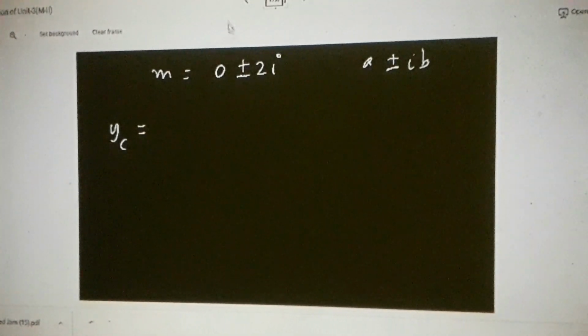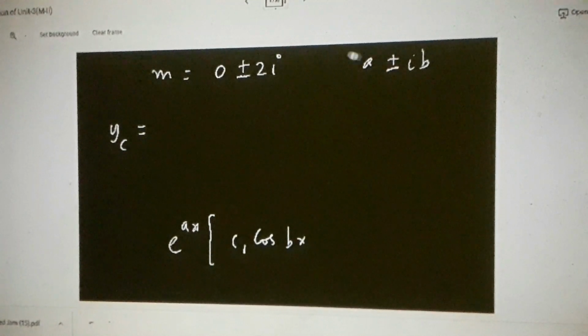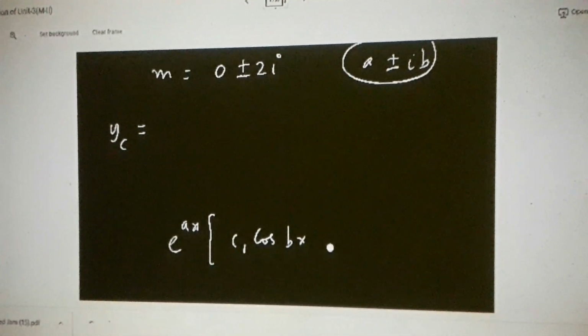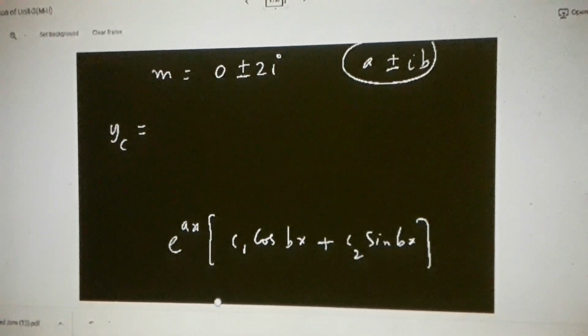So yc will come from the roots of this auxiliary equation. What is the format for this one? That is e to the power of ax into (c1 cos bx plus c2 sin bx) for this pair of roots. If there is another pair, or if there are other roots, some other parts will follow for this yc.